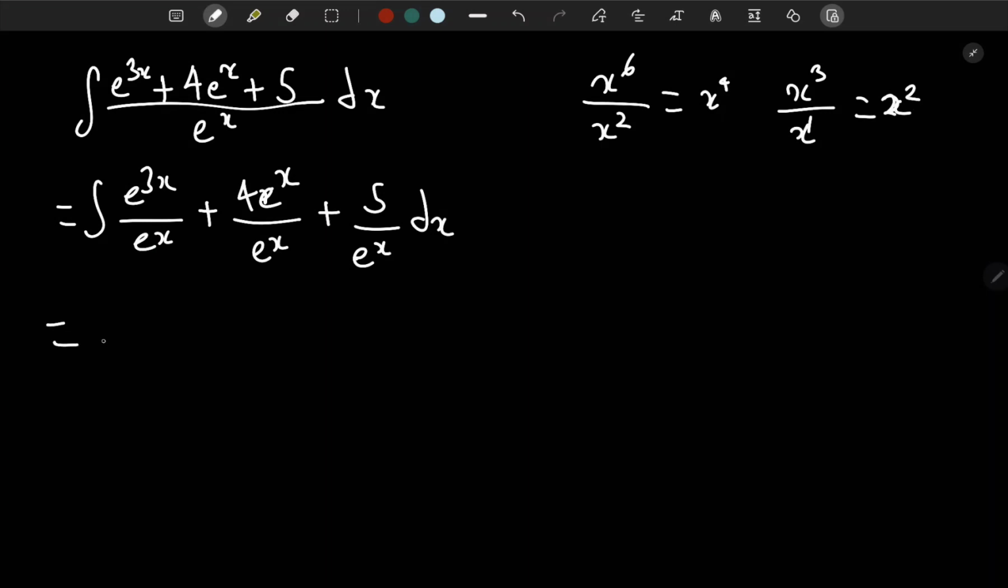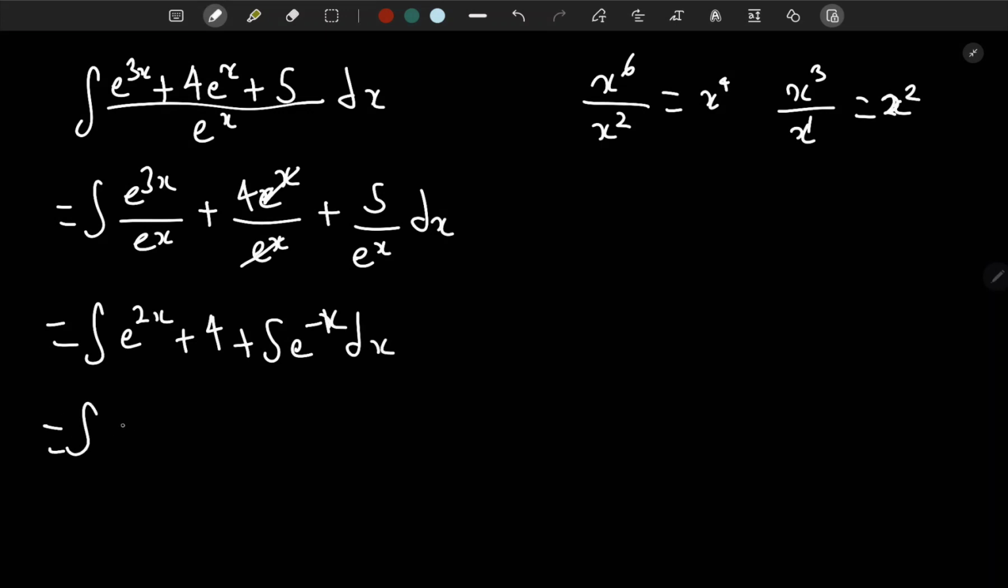We get integration of e to the power of 3x minus x, which is e to the power of 2x. Here this can just cancel out with this, plus 4, plus this, we can bring e to the power of x up, so it becomes 5e to the power of negative x. And now we can just integrate this normally.